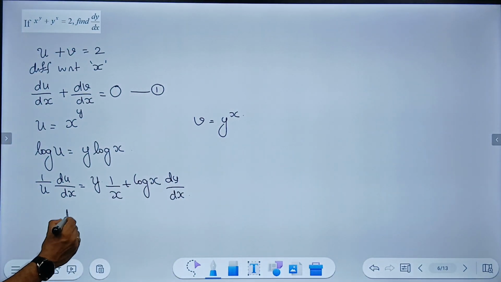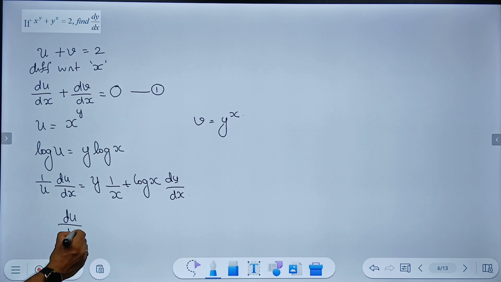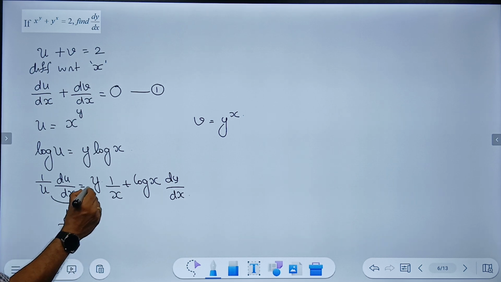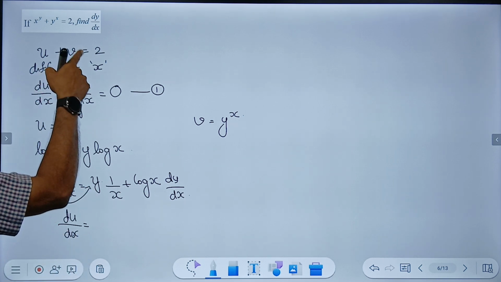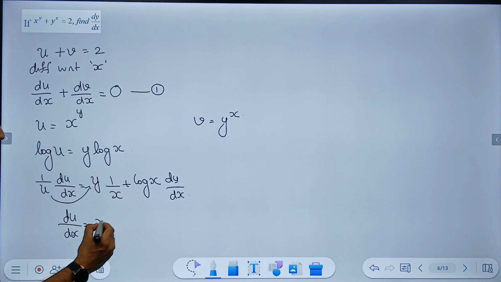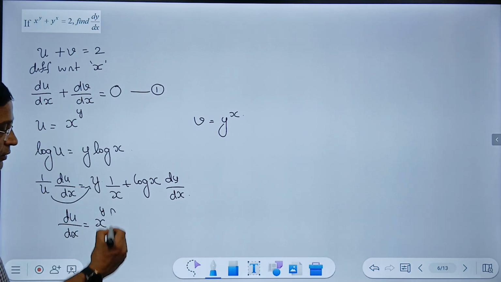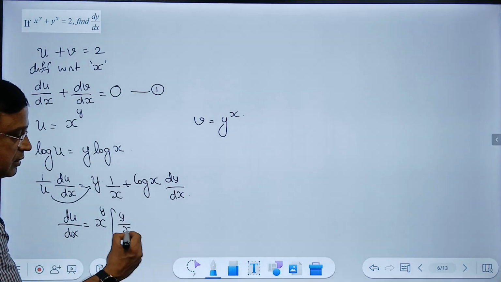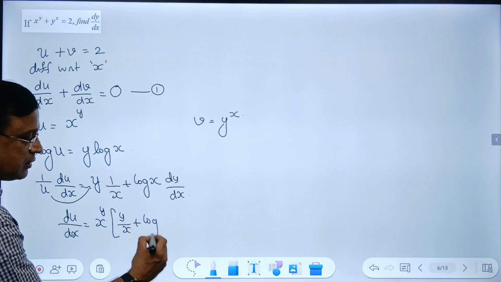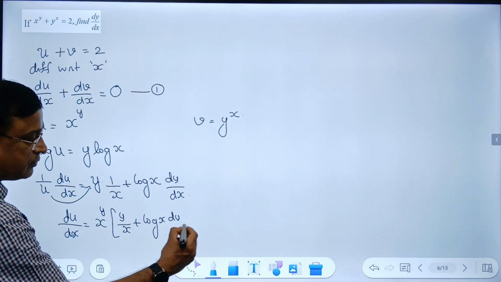So from this you can find du/dx, which is, if I cross multiply u, but u is nothing but x^y, so I will substitute that. I will skip one step: x^y (y/x + log x dy/dx).